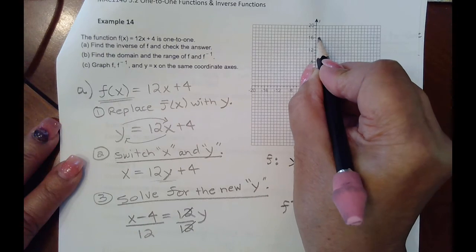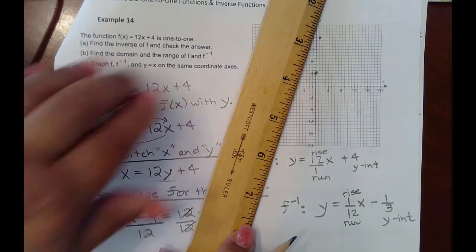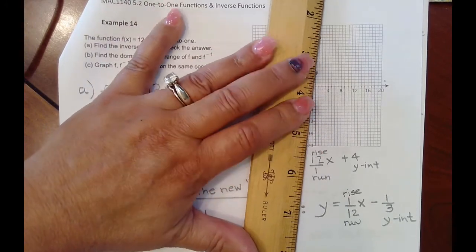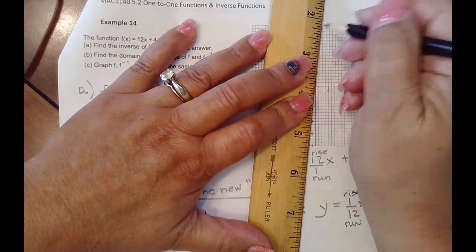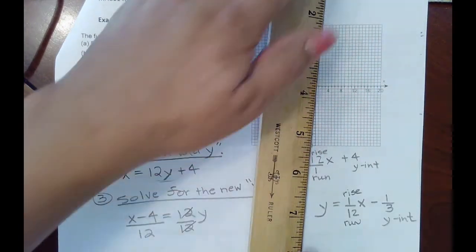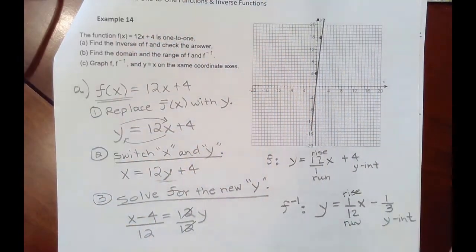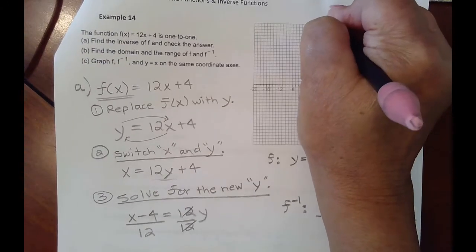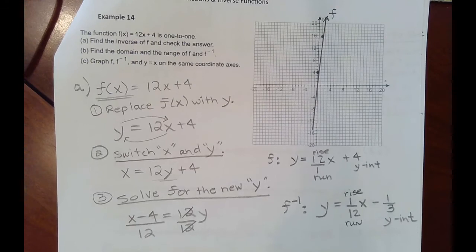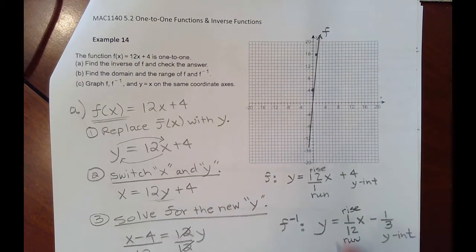Now run 1, and then you're going to connect those 2 points. Let's see if I can get these lined up. Not too good at that. Okay, so this represents the original function, and you can write f or you can write f of x, whatever you prefer. Now I'm going to go after the other one.